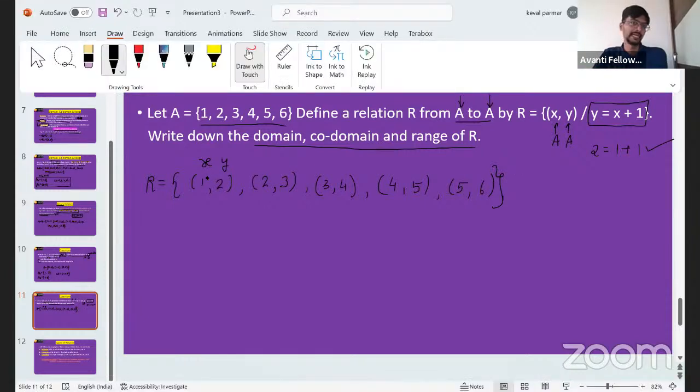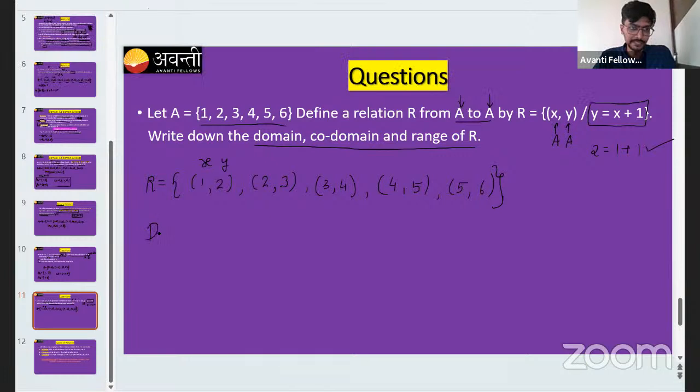Okay, I hope you got this. And now we have to define the domain. Domain means the first elements. First elements are 1, 2, 3, 4, and 5.